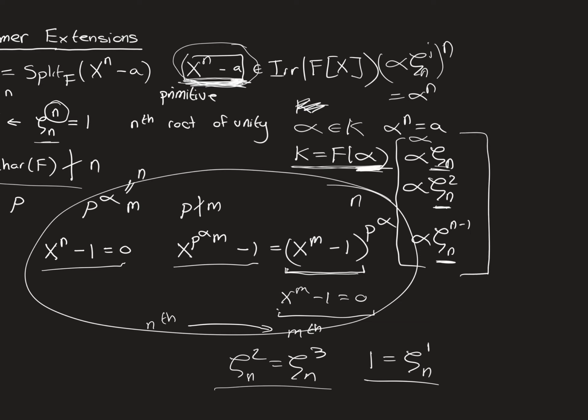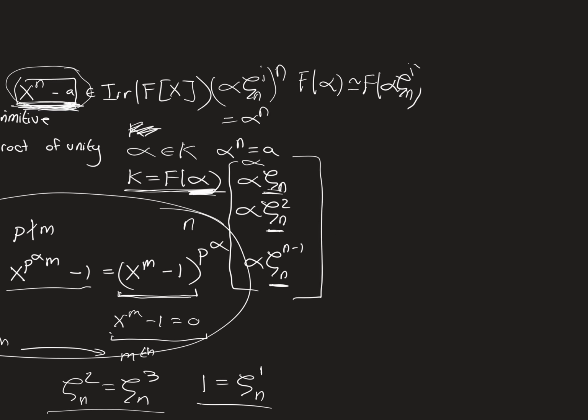Now, because all of these elements share the same minimal polynomial, it is the case that F adjoin alpha is isomorphic to F adjoin alpha zeta n to the i. Yes, I'll fix that notation up there.